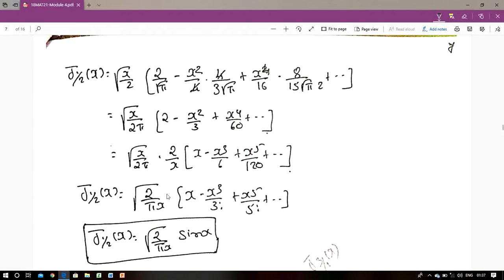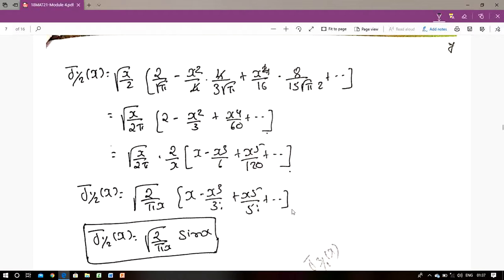So root of 2 by pi x into 2 by x. Simplify here: root 2 goes to the numerator, it becomes root 2 into root 2, one root 2 cancels, then 2, x can be written as root x into root x, one root x cancels, then it becomes root of 2 by pi x into x minus x cube by 6, but this 6 can be written as 3 factorial, plus x raised to 5 by 120 can be written as 5 factorial.